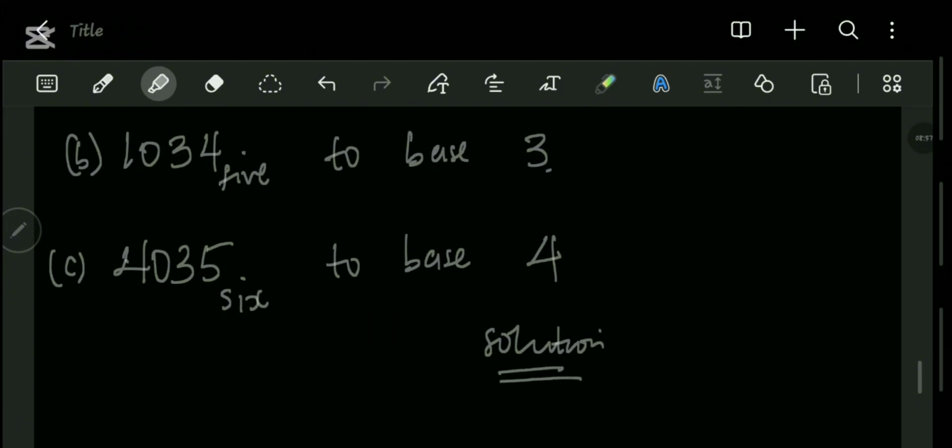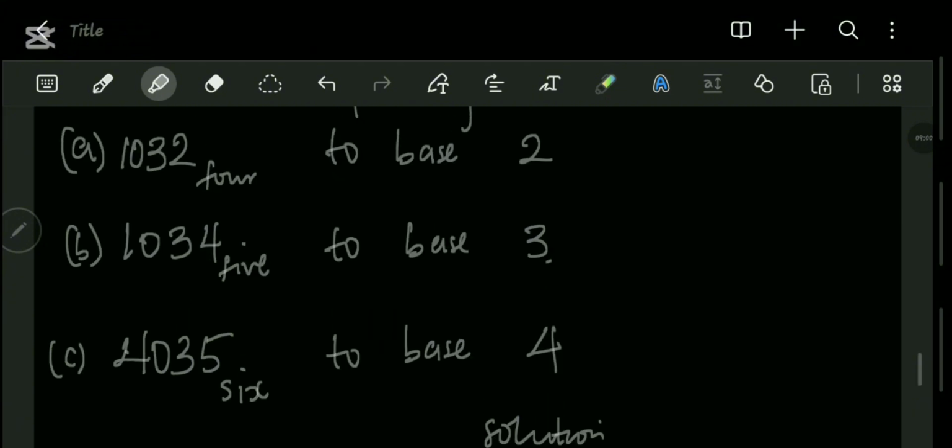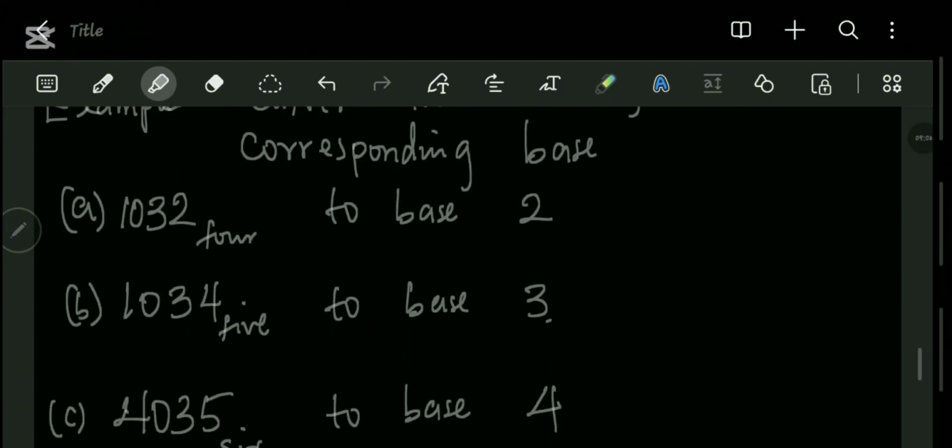If you remember what I told you in the beginning of this video, every number is originally counted in base 10, that is the denary system, and that is the basic system of counting. So any number that is not in this system must first be taken back to base 10 before any other conversion can be carried out.